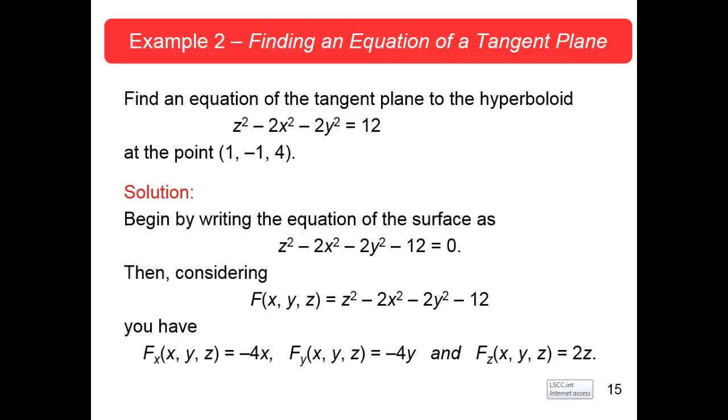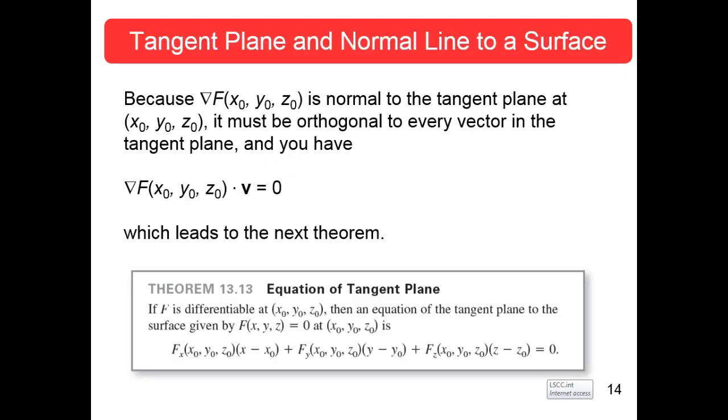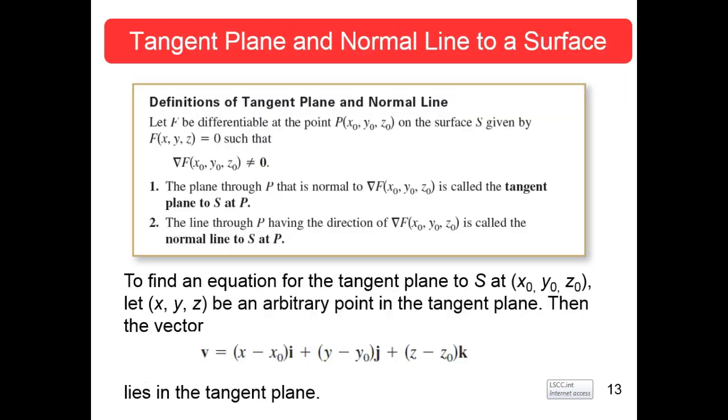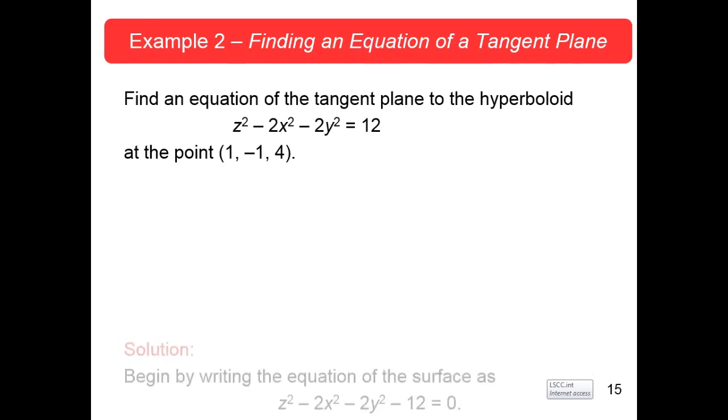Let me scroll backwards and point that out to you. That's the equation of the tangent plane, but it was here. The normal line, the line through P having the direction of del F, so notice its coefficient is going to be exactly what del F is. It's called the normal line to S at P.